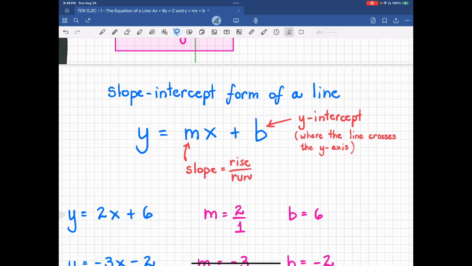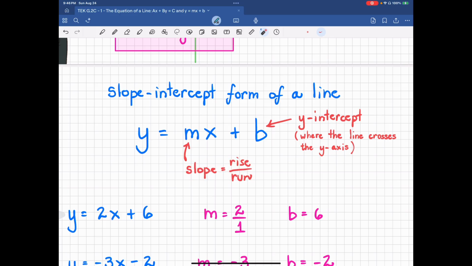Let's look at what we call the slope-intercept form of a line. This equation right here that you see, the y equals mx plus b, is called the slope-intercept form of a line. Now, this m right here stands for your slope, which is rise over the run.